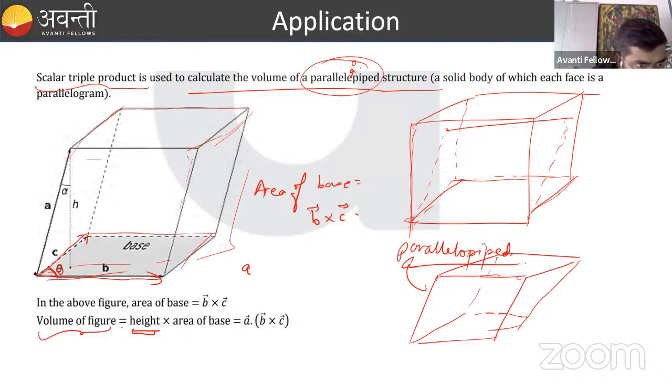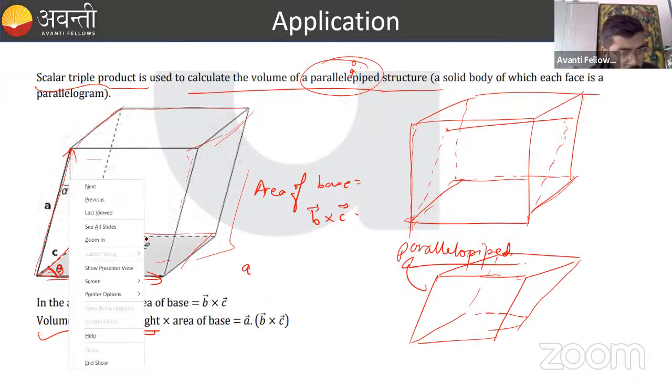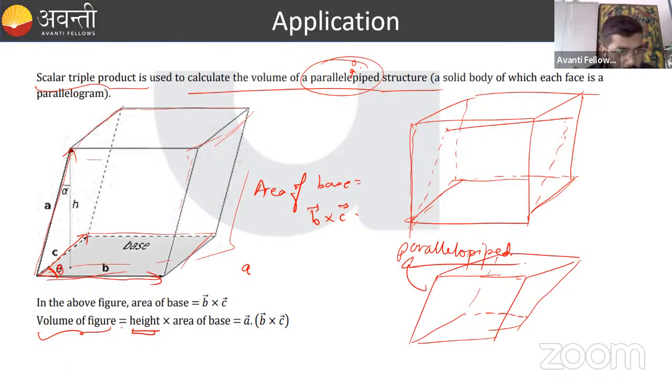So this is A bar. The height is represented by this line. You can see here, this is the height. If we draw this line and try to find the height, this will come out to be A.